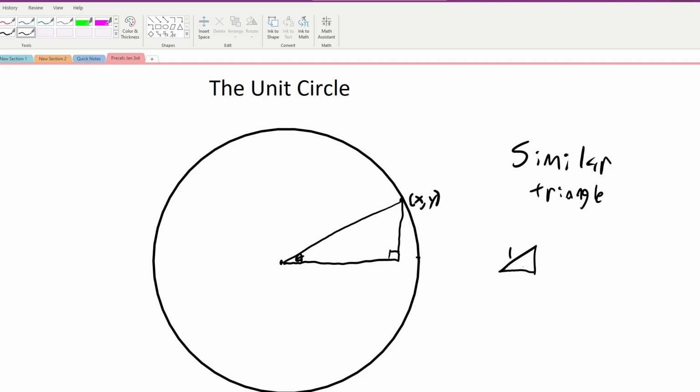Now, what this allows us to do, because they have the same shape, is exploit the fact that they're proportional. And what this means is that if you take two proportional sides of any right triangle, so for example, let's say we have a 3, 4, 5 right triangle, another similar triangle would be the 6, 8, 10, and any multiple of that.